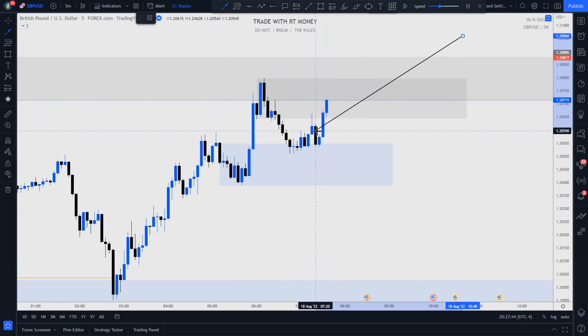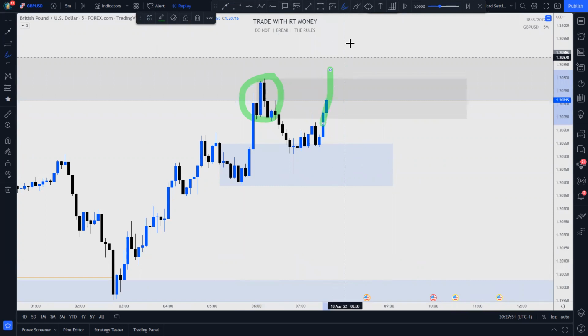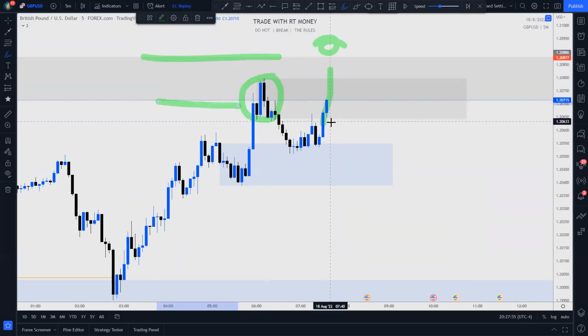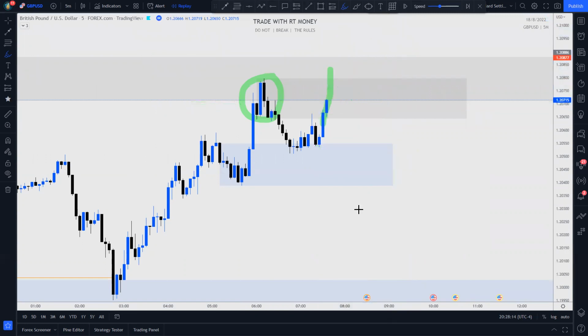My idea was, if price breaks this supply, this one up here, if we get a push like that, I'm waiting for price to come back to the extreme of the reaction, so I could take a high probability trade to the upside. I'm waiting for this impulse to do its thing.